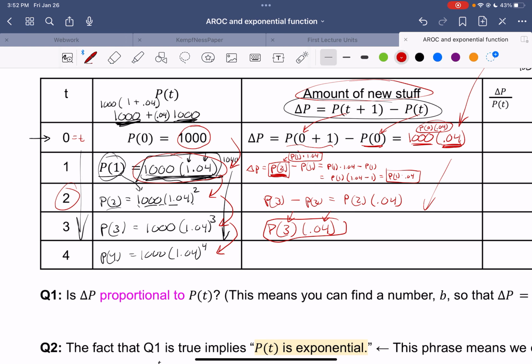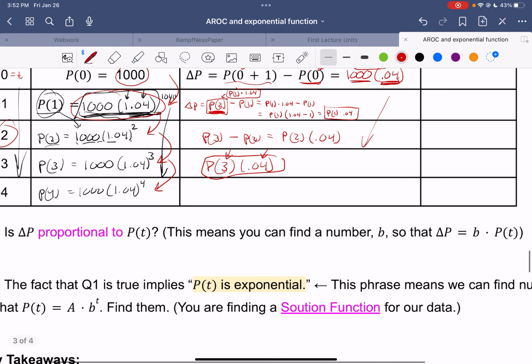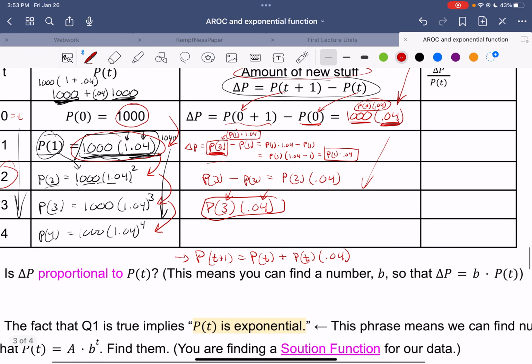In fact, maybe an easier way to express this is, look, P at the next timestamp is P at the existing timestamp plus 4% more of your population, 0.04. Okay, if we don't like that, let me just write out some examples really quickly. I mean, really, all those examples are right here.